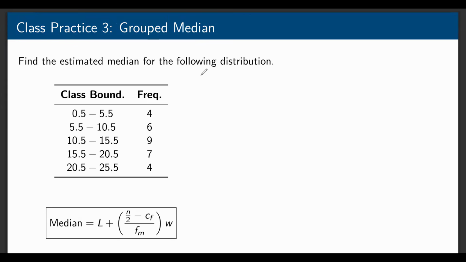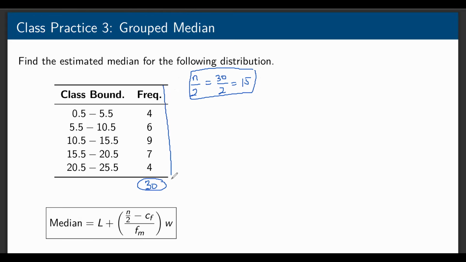We are going to find the total frequency. 4 plus 6 is 10, plus 9 is 19, plus 7 is 26, plus 4 is 30. So the total frequency is 30. Now N divided by 2 is 30 divided by 2, which is 15. We just take note of that and keep it.